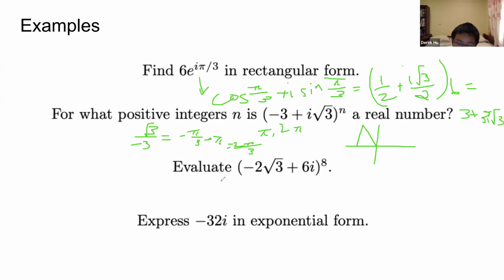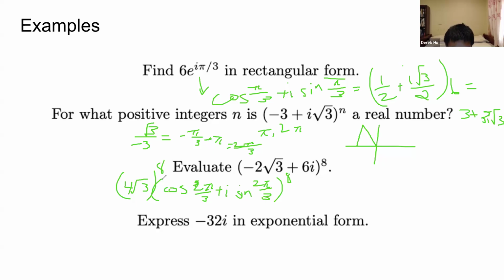If we express this, this is equal to, I believe, 4√3 times cosine of 2π/3 plus i sine 2π/3, and then this to the 8th, and this to the 8th.